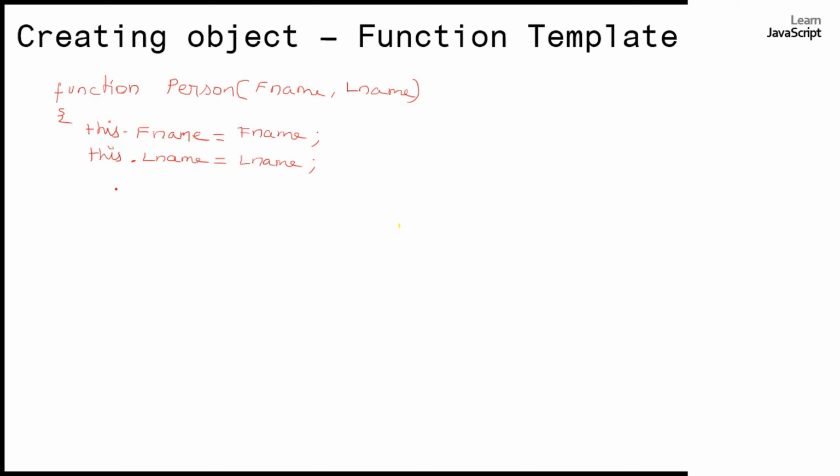Next, if we want to define any data member or member function, we can use the same keyword this. Then we can define our function name. Say for example, get full name equal to, then we can define, since it's a data member, we can use the keyword function again.